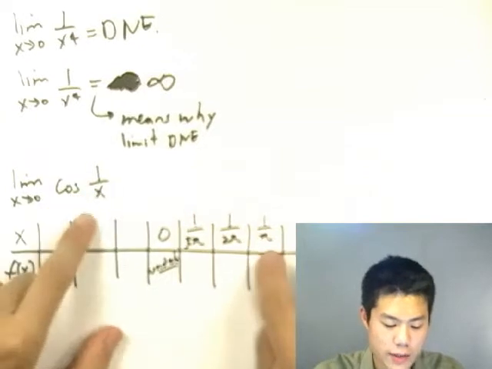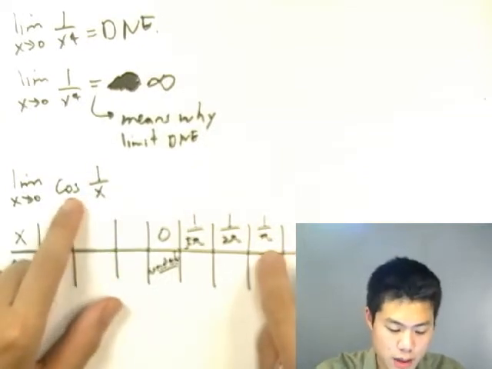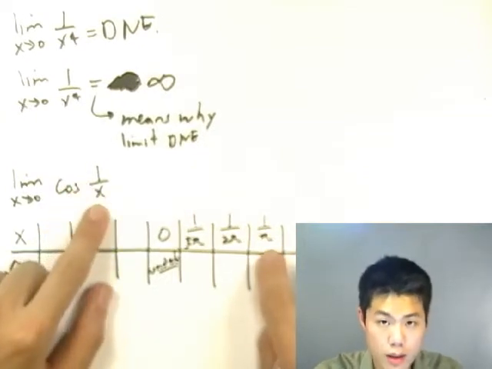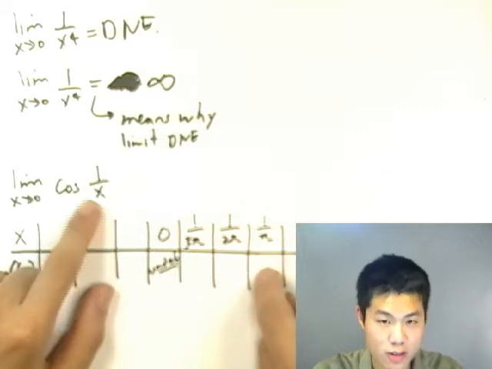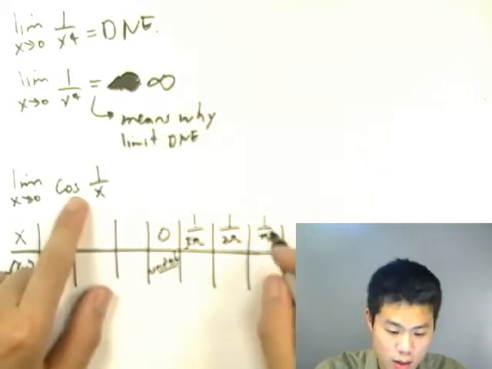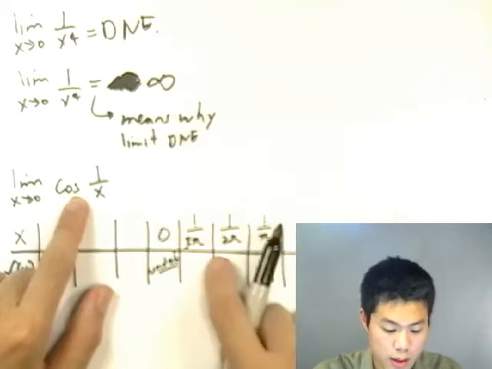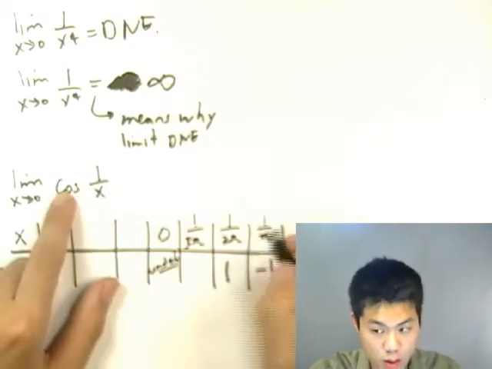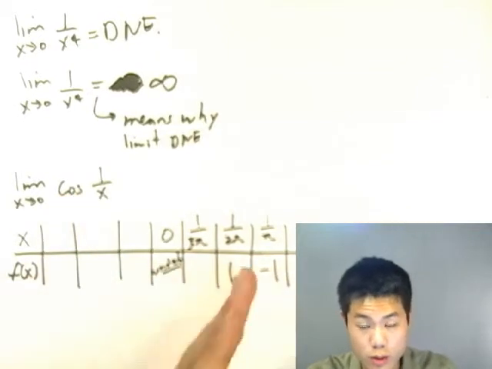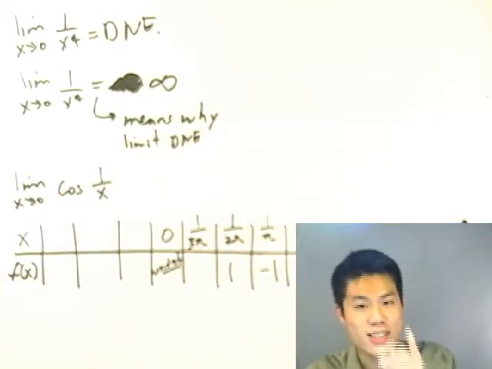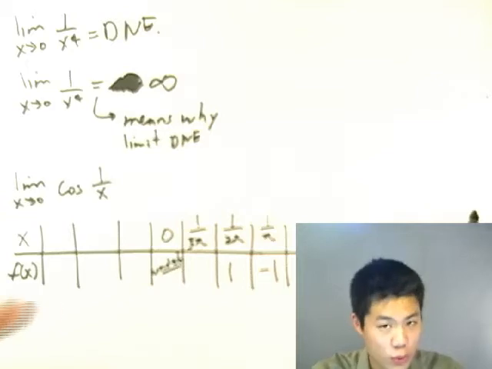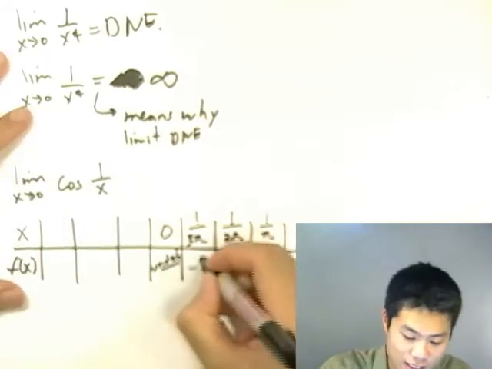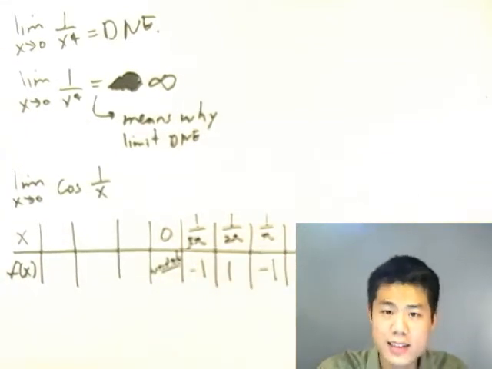Back up. Let's evaluate these first. So cosine of 1 over 1 over pi equals cosine of pi, which is equal to what? -1. Good job. Cosine of 1 over 2 pi is equal to 1. Cosine of 1 over 3 pi is equal to cosine of 3 pi, which is equal to cosine of pi, which is equal to -1. Hopefully you followed that. It's oscillating.